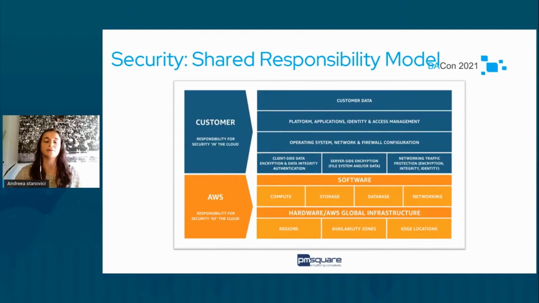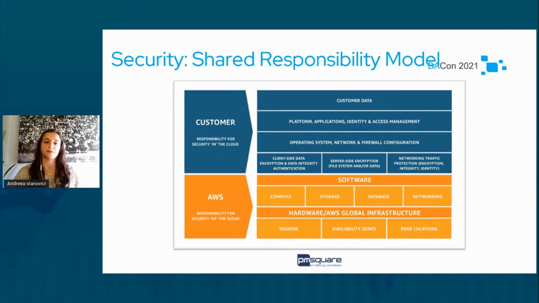This means that AWS is focused on infrastructure security, including computing, storage, database, and intrusion prevention networking services. AWS is also responsible for the security of software, hardware, and the physical facilities that host the AWS services.